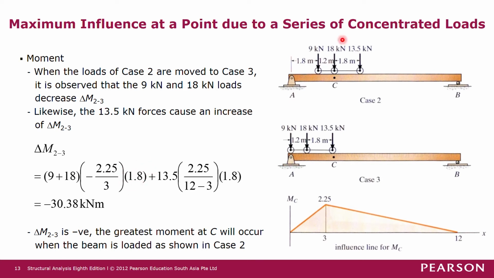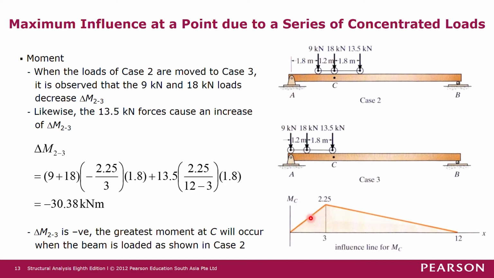Okay, and then secondly, we look at this 18 kilonewton force. It moves by 1.8 meters from point C here, just to the right of point C, to this location here. Okay, so meaning that it's moving from here to here. Okay, by 1.8 meter from right to left.